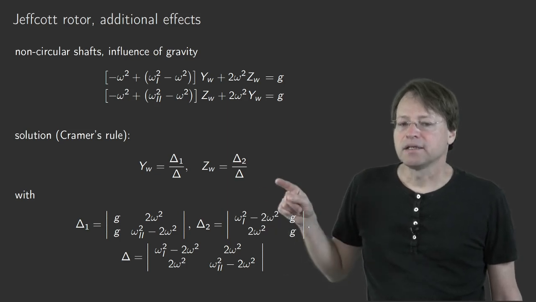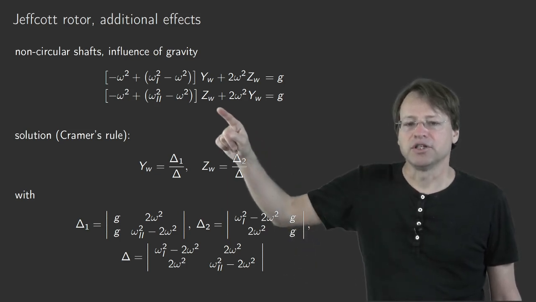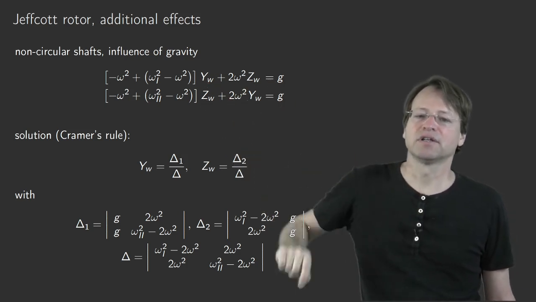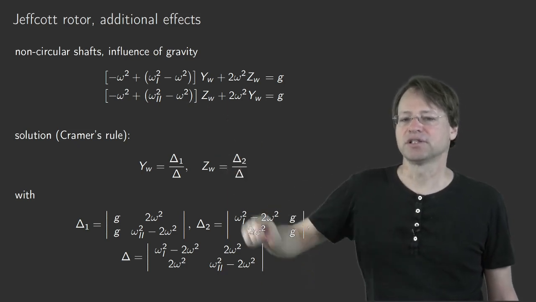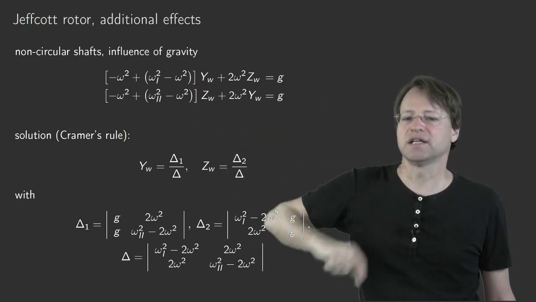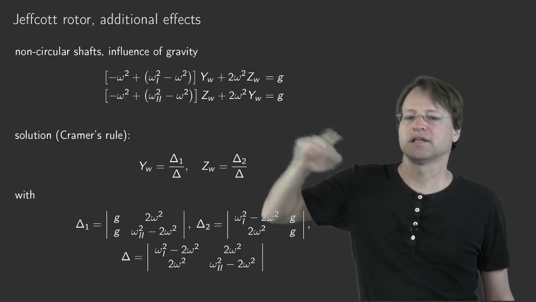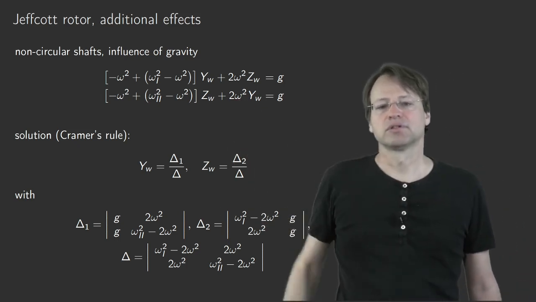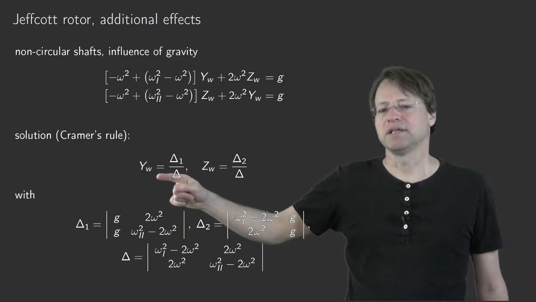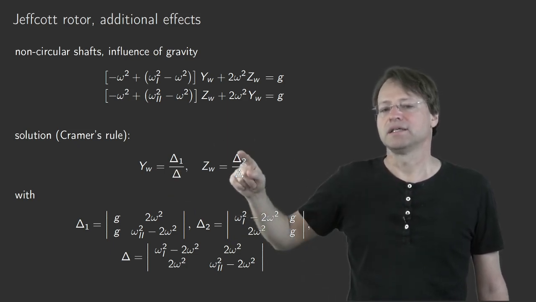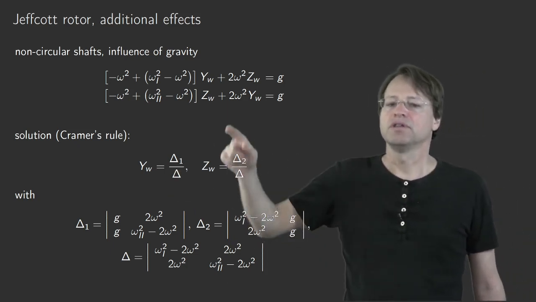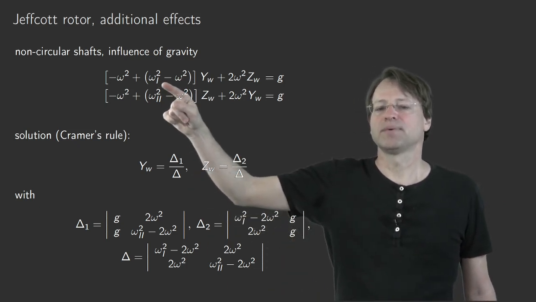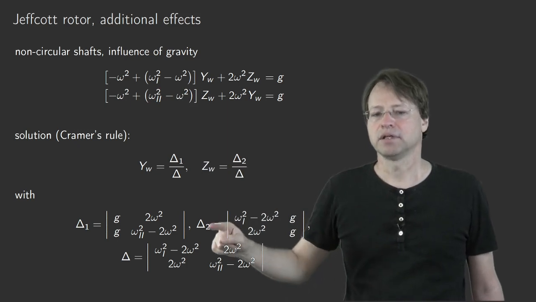So what is the coefficient matrix here? You have to pay attention if you look at that equation, because the first equation is written in a different way than the second equation. Here we start with y and then we have z, and in the second equation we start with z and y. Our solution vector of amplitudes is composed of y in the first row and z in the second row. So in the first row of my coefficient matrix, I will find omega 1 squared minus 2 omega squared, and in the second column, 2 omega squared.